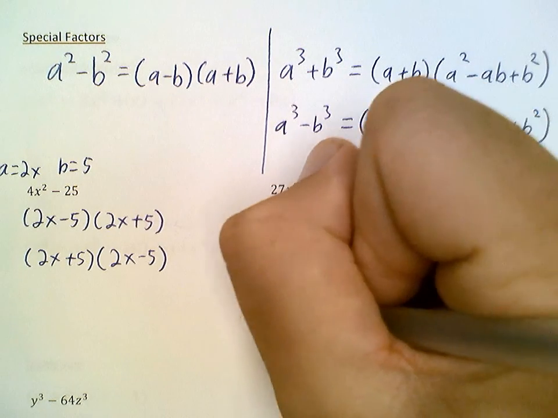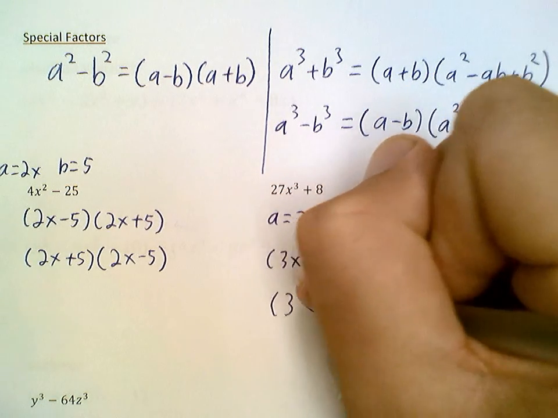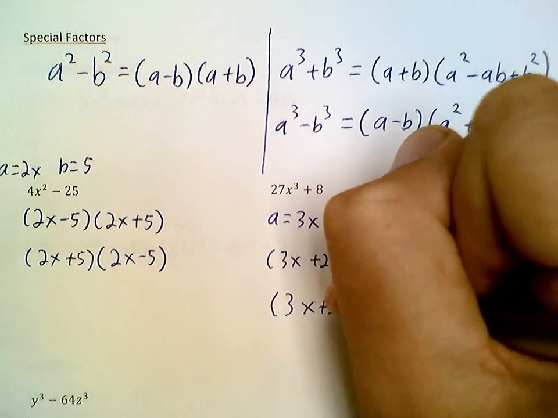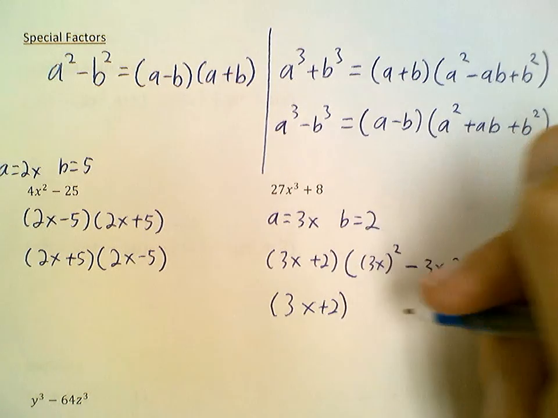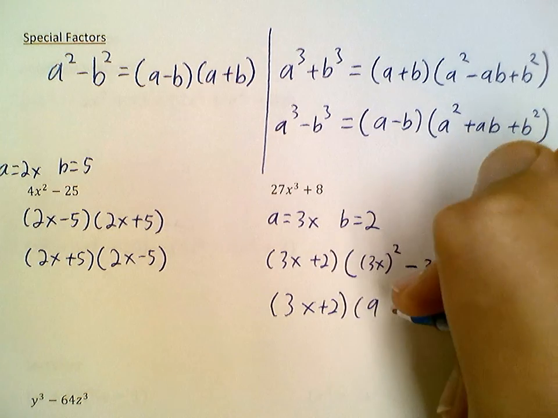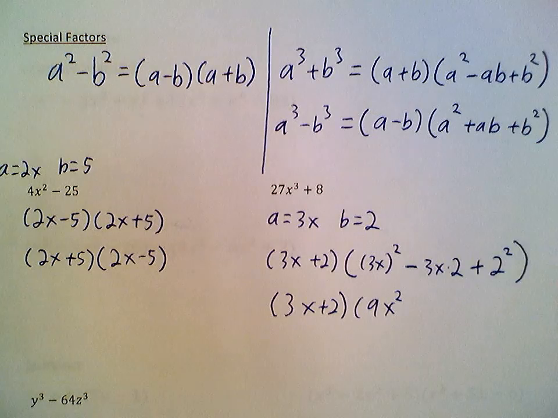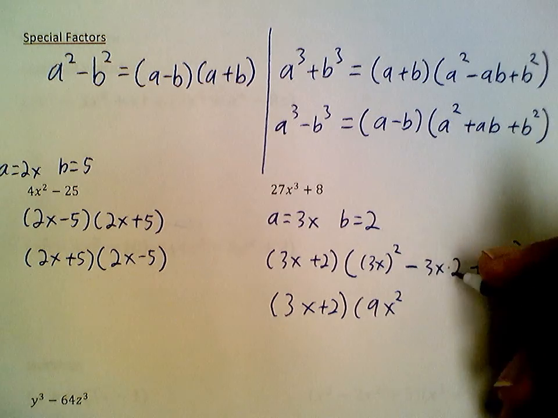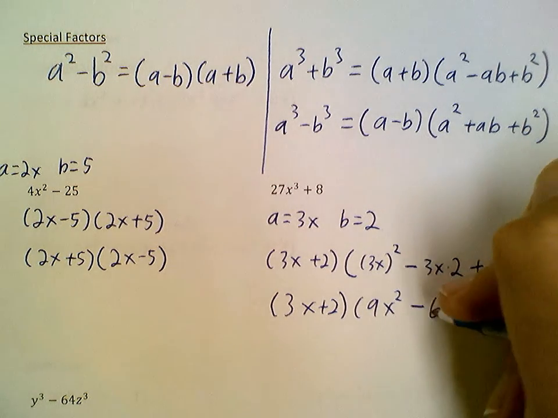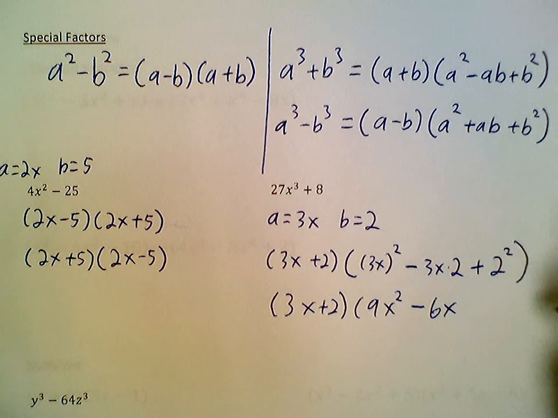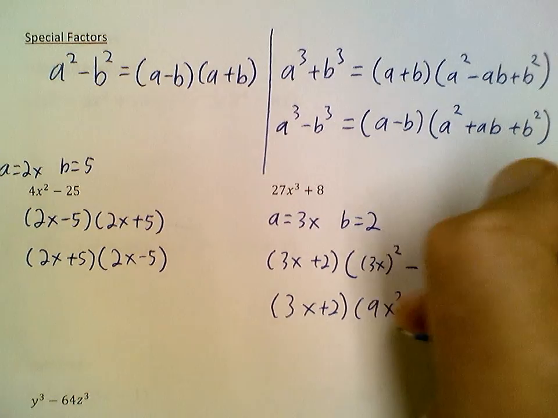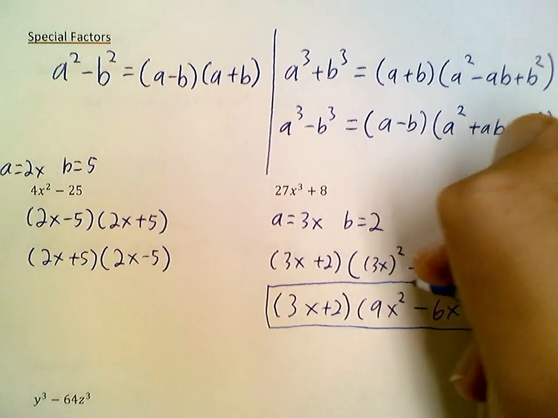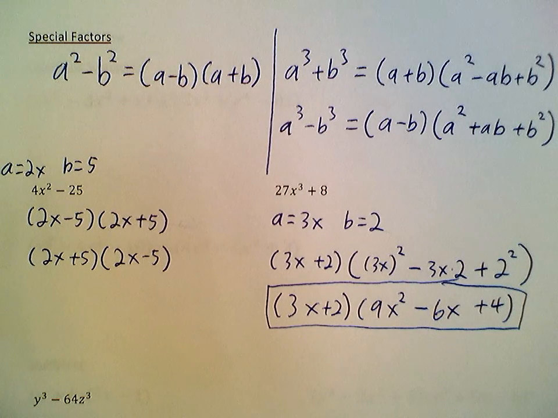You can do this right away and don't have to break it down into two steps, but I wanted to break it down for you the first time. So 3x squared is 9x to the second, 3x times 2 is minus 6x, and 2 squared is obviously just 4. So there I have a sum of cubes broken down into two factors.